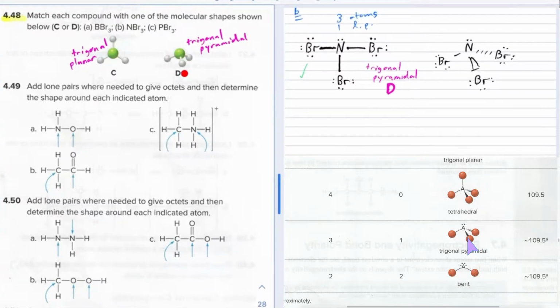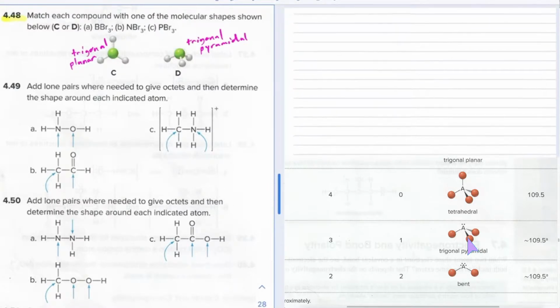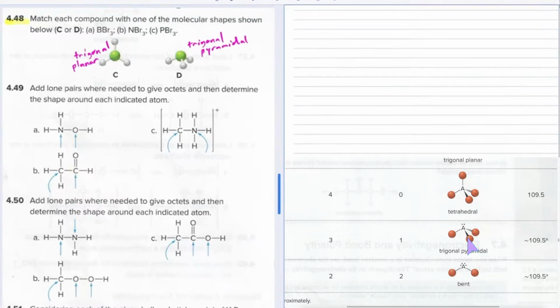It's that one. And what's the last one? C is PBr3. The name, by the way, is phosphorus tribromide.